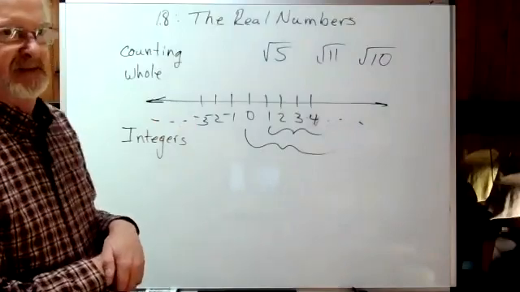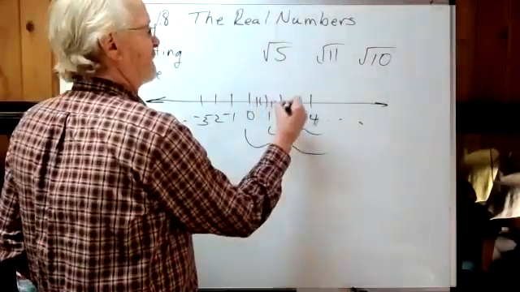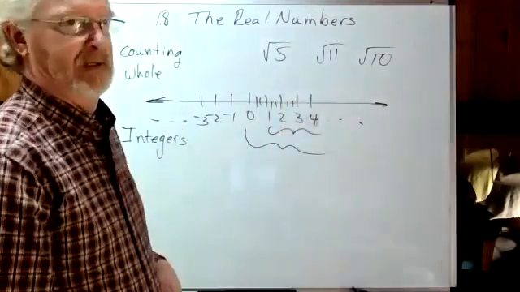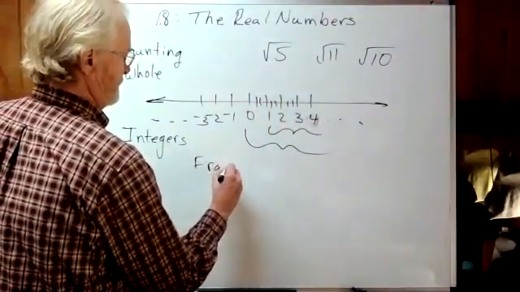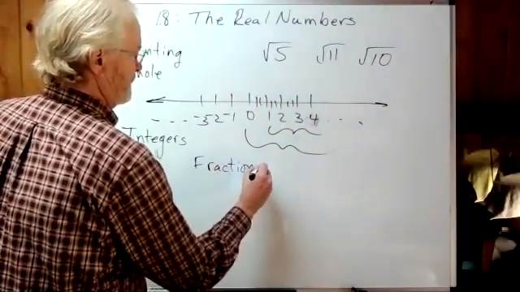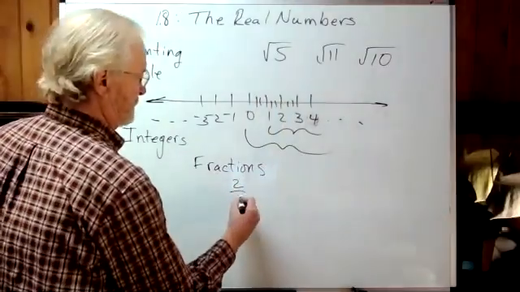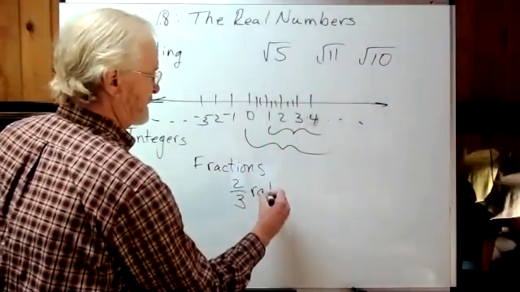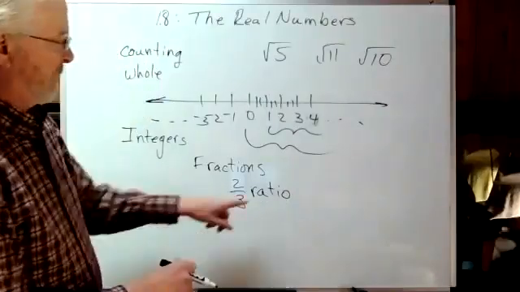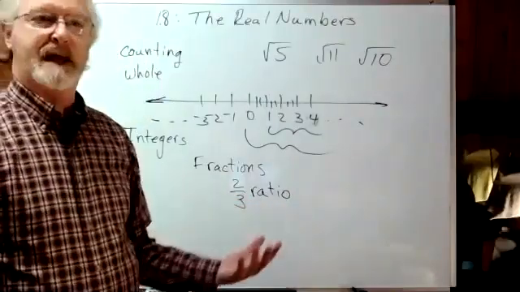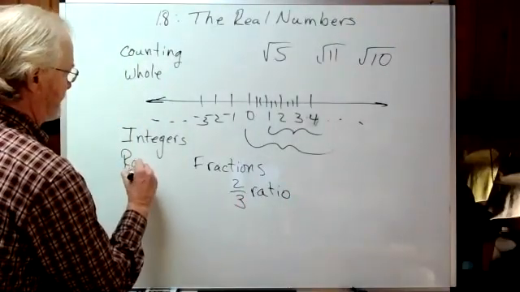Then this last section, we started working with the ones in between, the fractions. One term for a fraction is a ratio, a comparison of two values. That word is the root of the set of numbers we call rational numbers.